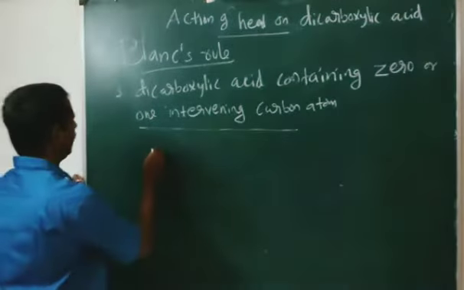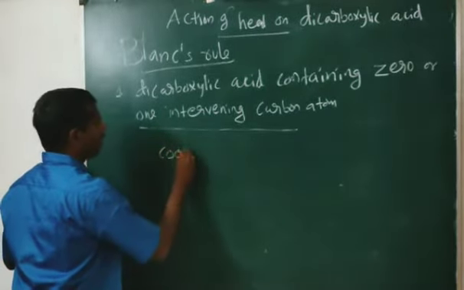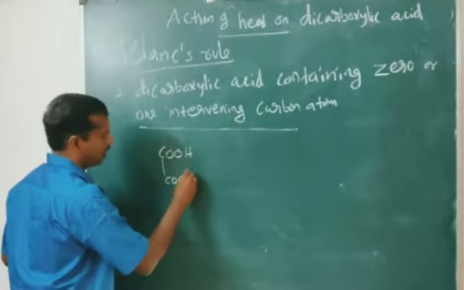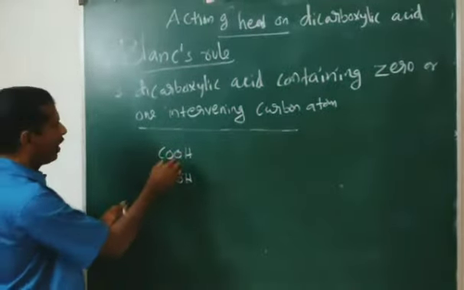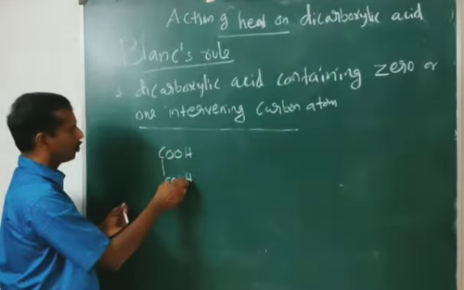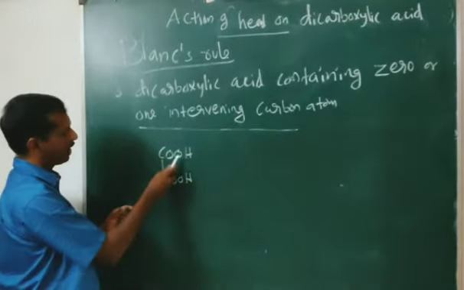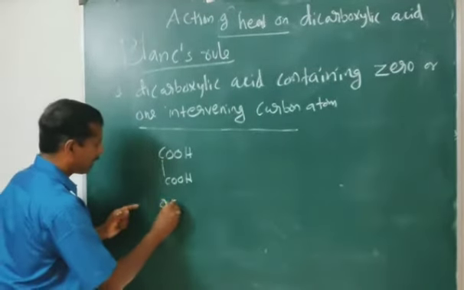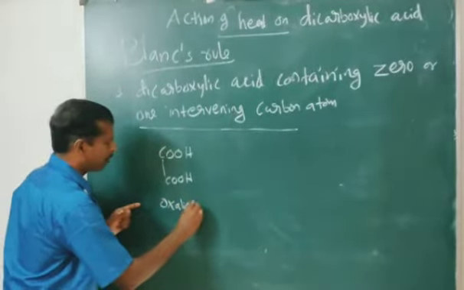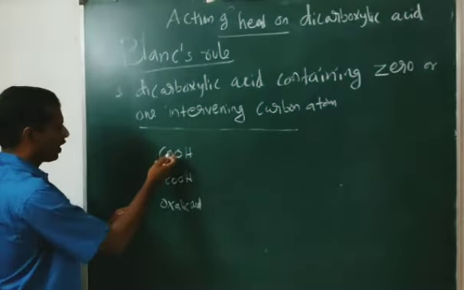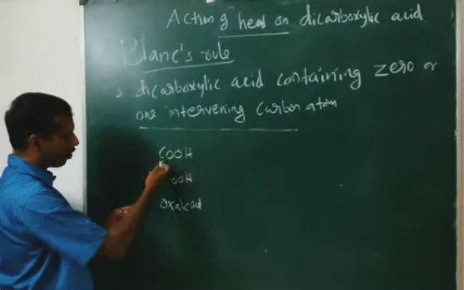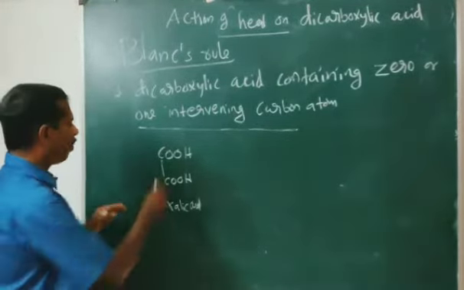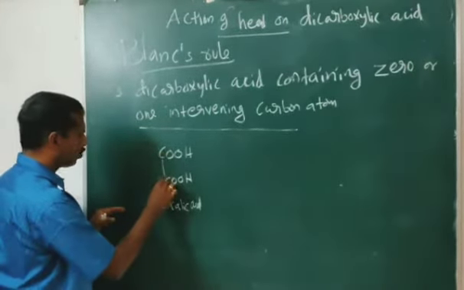Look at here. Example, we are taking oxalic acid. The formula of oxalic acid is COOH-COOH. You can see that in between these two COOH groups there is no carbon atom. So this oxalic acid is having 0 intervening carbon atom, or you can call it a 1,2 dicarboxylic acid.